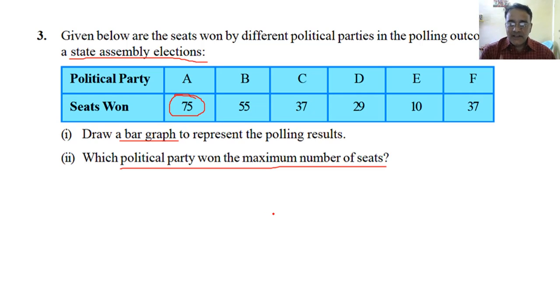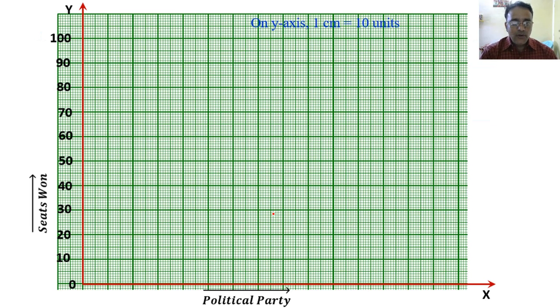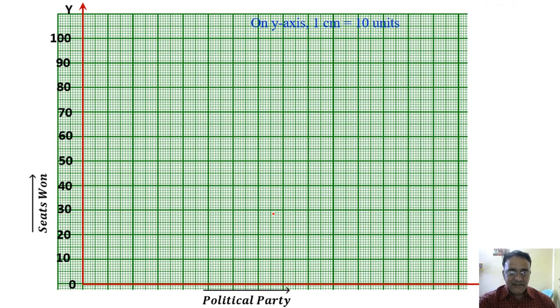अभी देखो 75, 55, 37, 29, 10, 37. So better to have 10 units for y-axis. So I'm going to take 10 units. So first one is 75. 75 means 70. यहाँ पर भी 10 units है, तो we can count one grid for 1 unit. Okay, right?